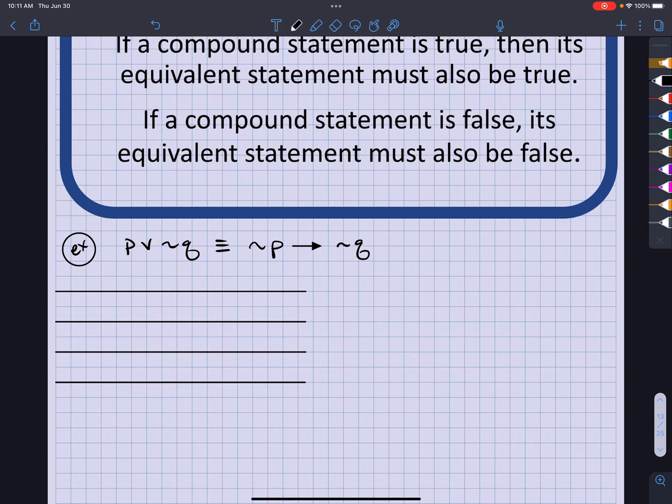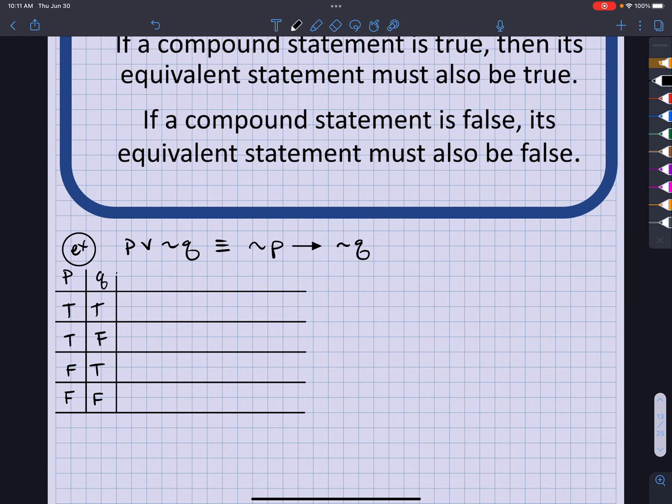So here we go, here's P, here's a column for Q. So P and Q, and I know it's true, true, false, false, true, false, true, false.